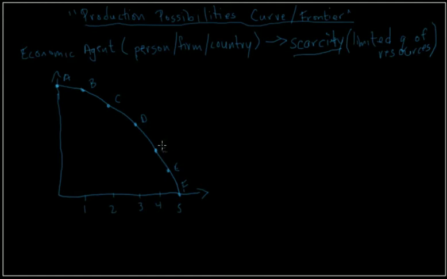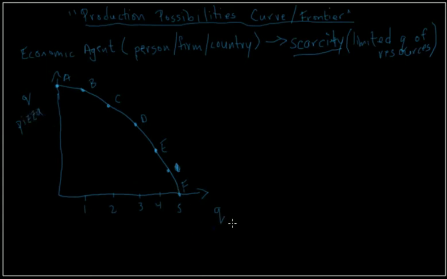We'll call this one E. We only need this many points. We'll call this our quantity. And this is our quantity. Say this is our quantity of pizzas that we can make.